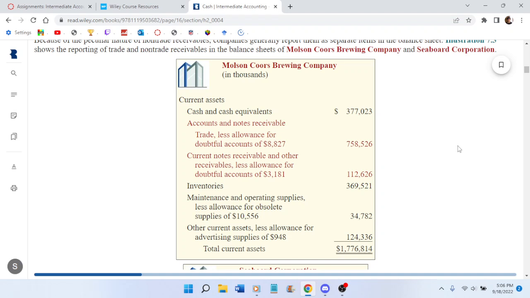Accounts and notes receivable. Trade receivable. Current notes.